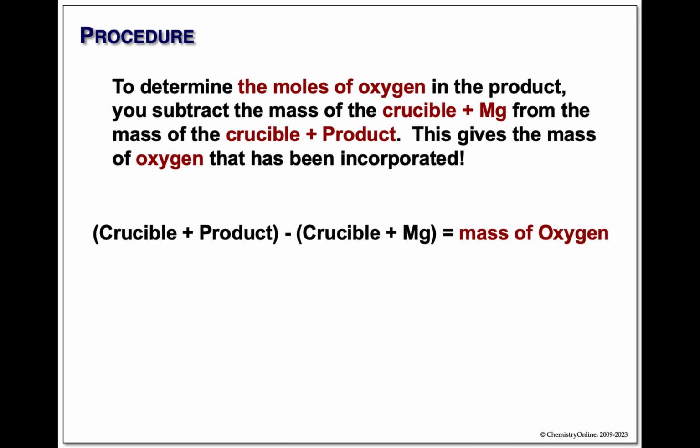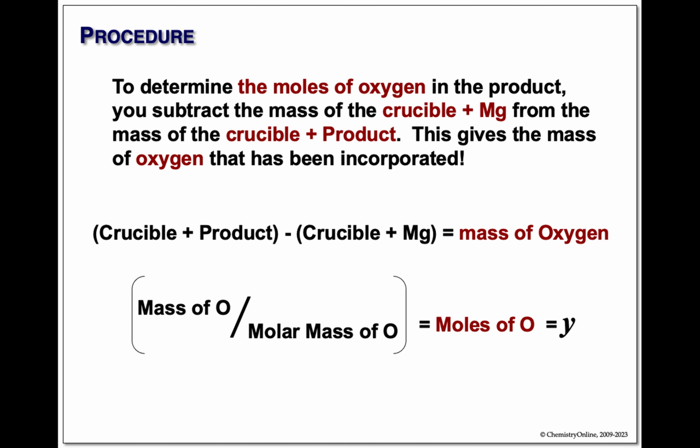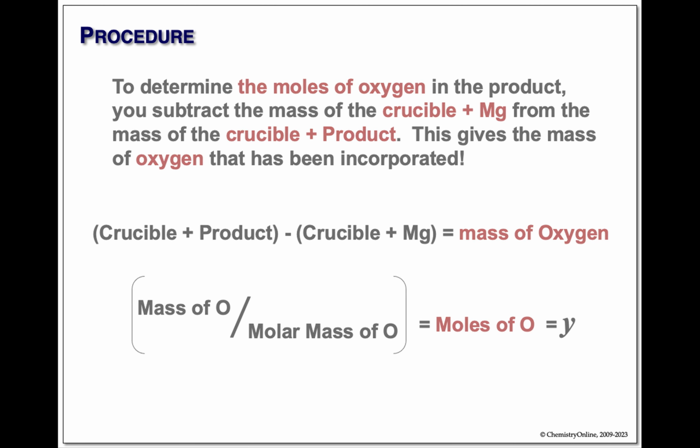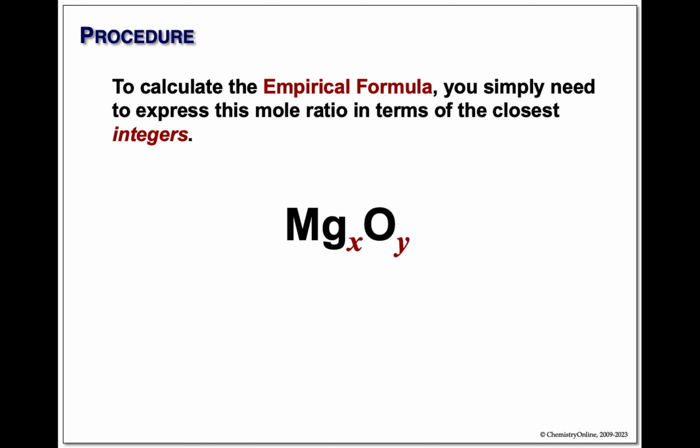Same thing, mass over molar mass, moles of oxygen. Empirical formula, simply mole ratio, so it'll be Mg_x O_y. Any questions? Again, really, really hot. Make sure you have goggles and be very, very careful.